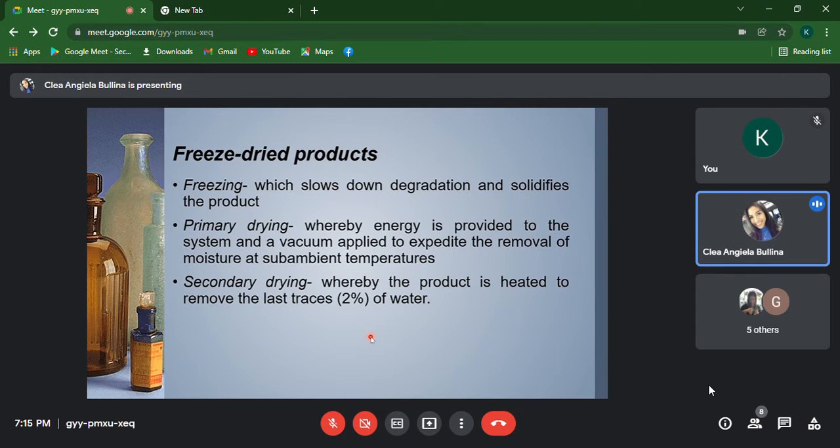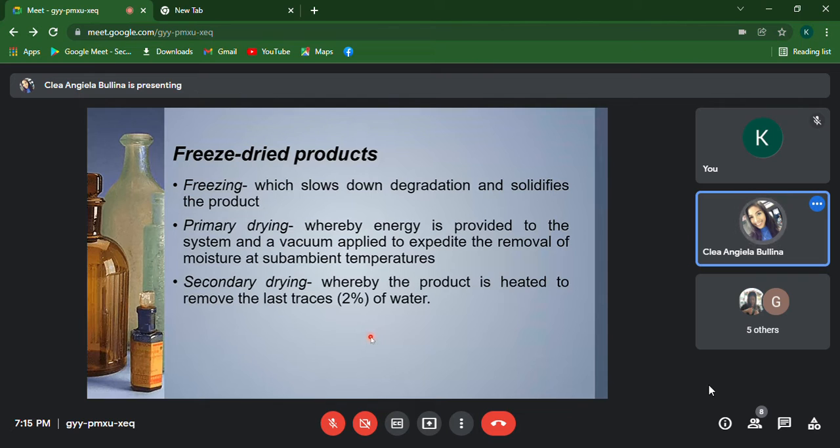Okay, freezing, it slows down degradation and solidifies the product. Okay? So, sa primary drying naman class, energy is provided to the system and a vacuum applied to expedite the removal of moisture at sub-ambient temperatures.